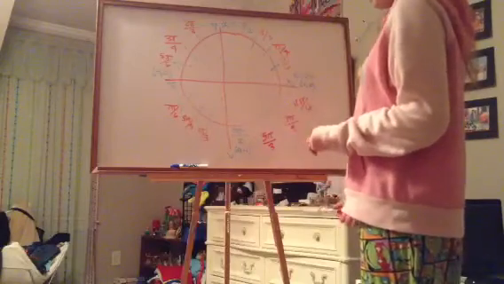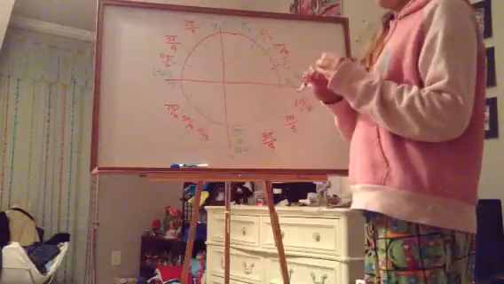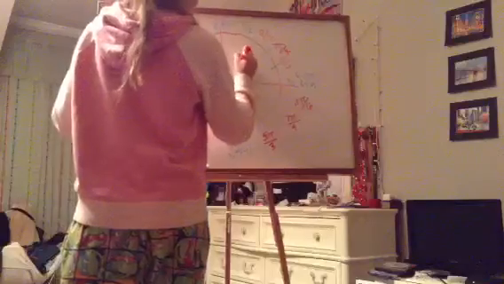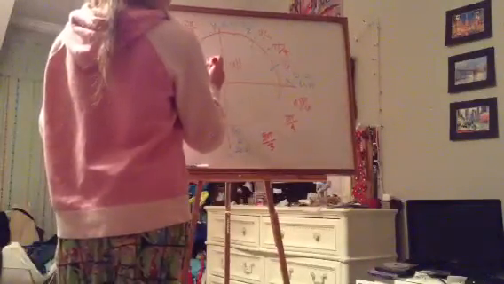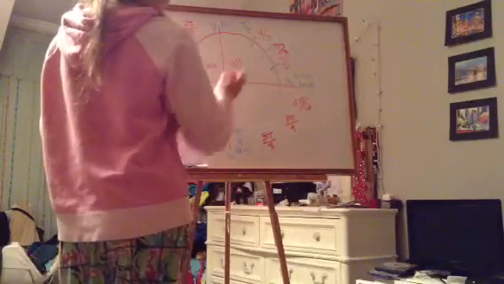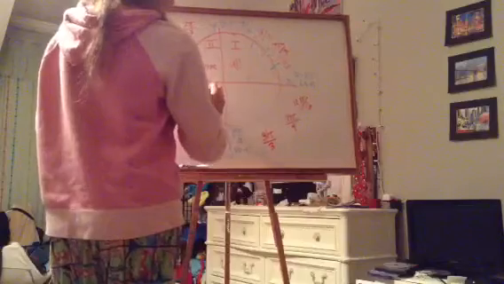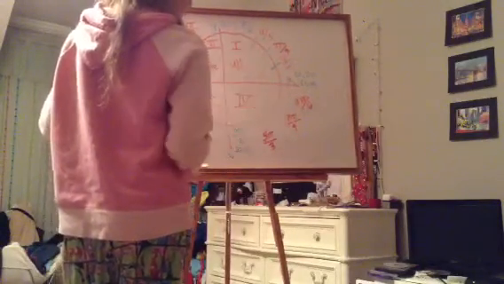Alright, so next we know from our trig functions and from learning that all of our trig functions are positive in here. Just sine is positive in the second quadrant. Sorry, this is the first quadrant, this is the second quadrant, third quadrant, and fourth quadrant.